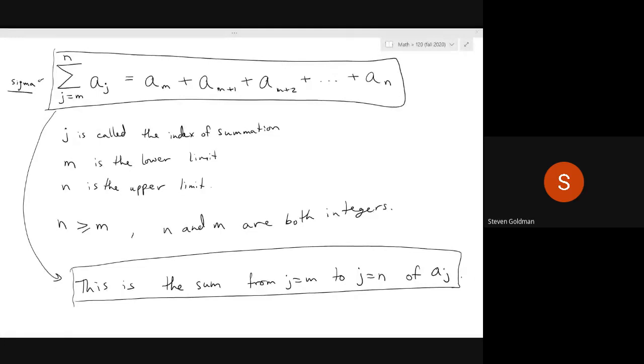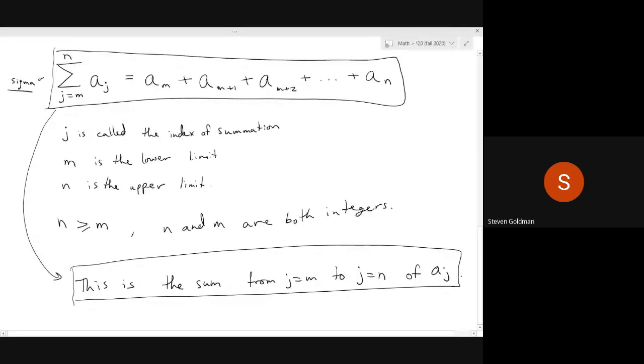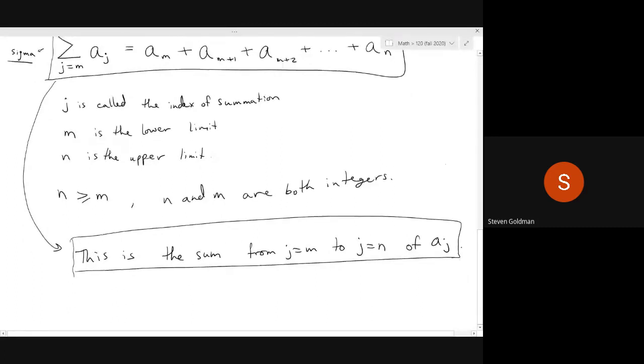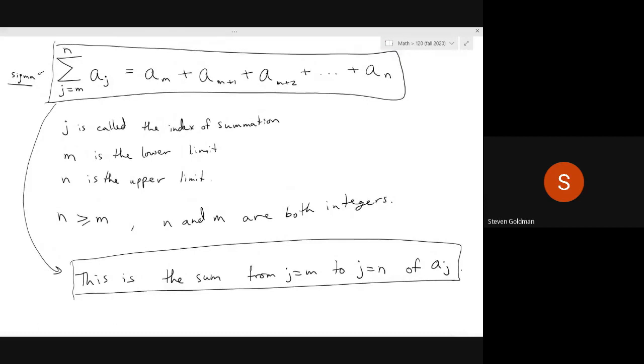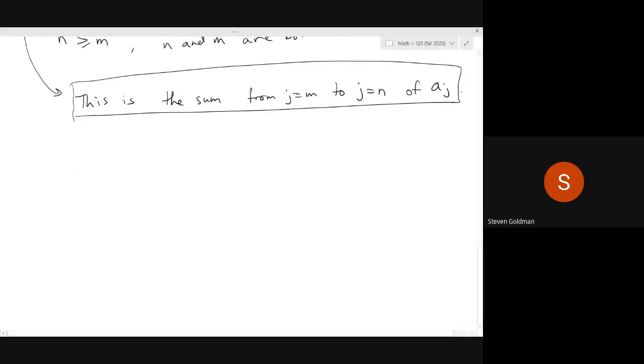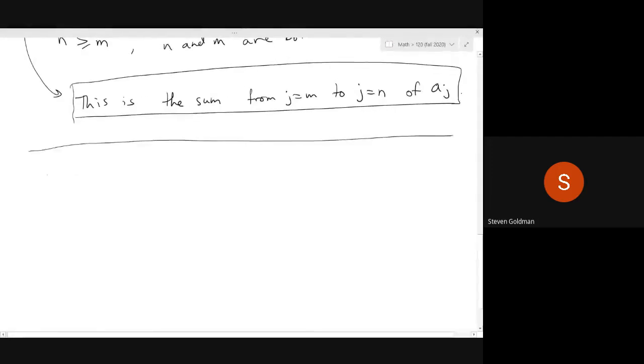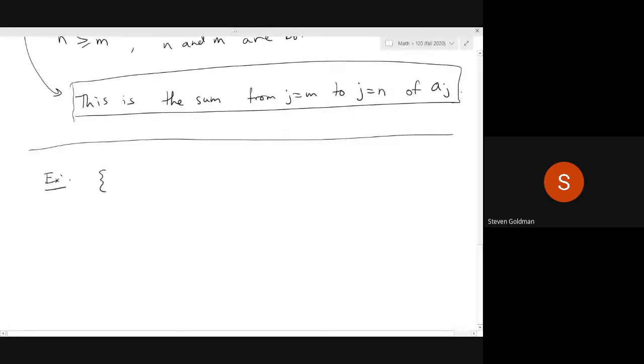So if you're not familiar with this notation, let me show you what it means through an example. I think that's the easiest way to see it. Let's say I have some sequence a sub n, where the terms of my sequence a sub n are determined by the formula, let's say, n squared.